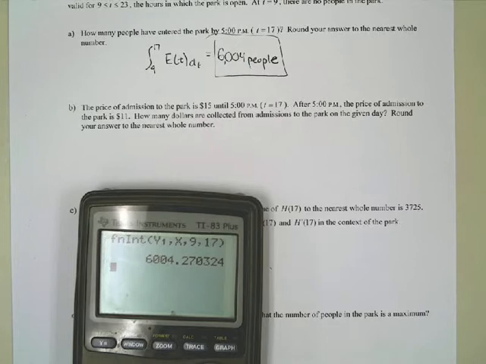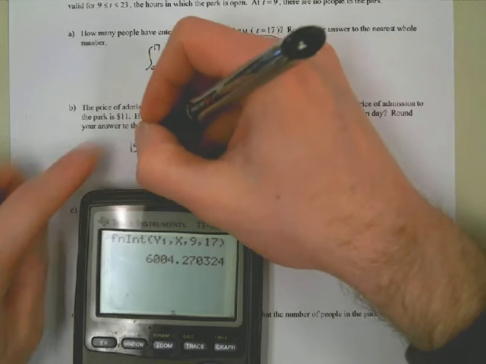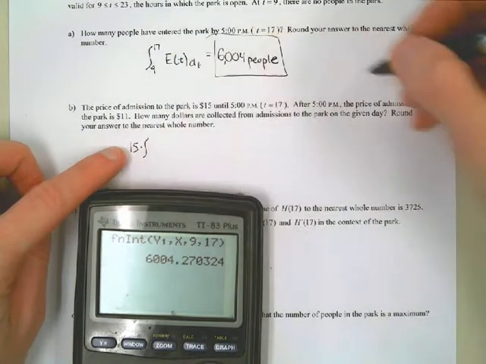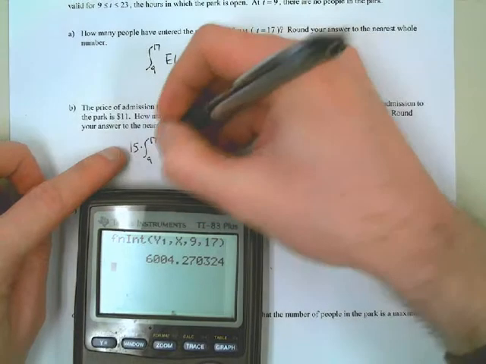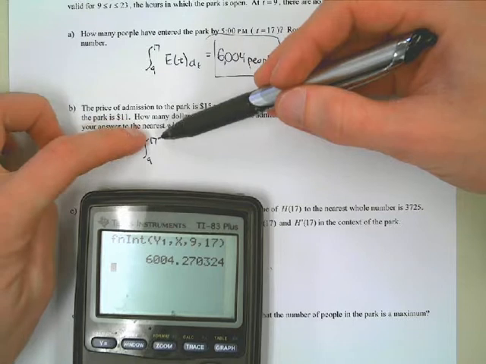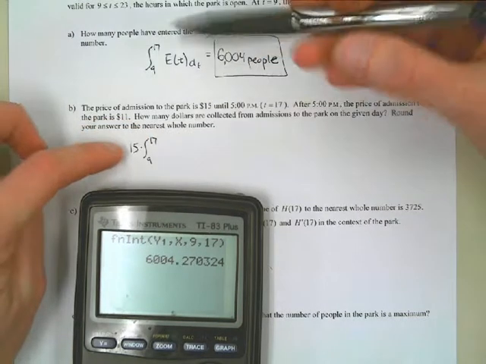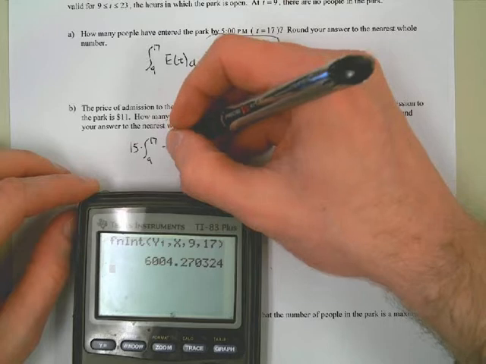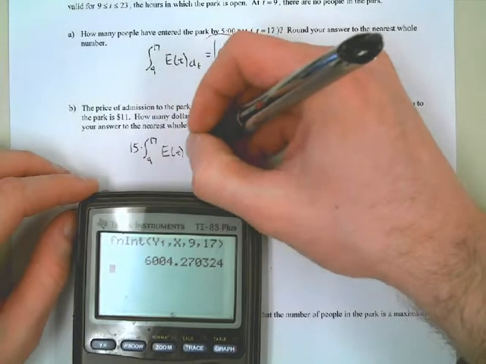All right, so basically you do 15 outside of the integral. Okay, so 15 for the dollars, times what? The integral from 9 to 17. Okay, so from 9 to 17, that's at $15, until 5 p.m. So from when it opens, 9, to 5 p.m., which is time t equals 17, it's $15. Okay, good. And we're going to integrate what? E of t, dt.